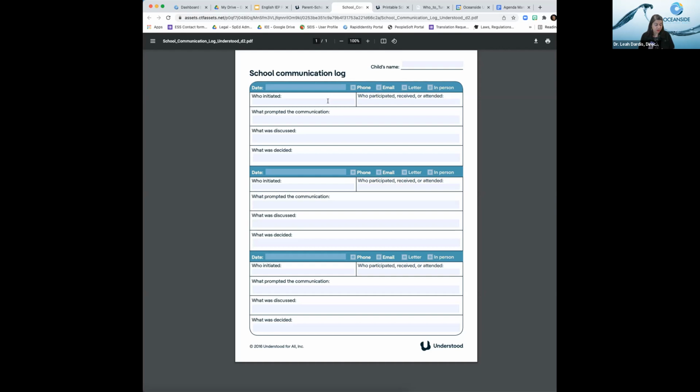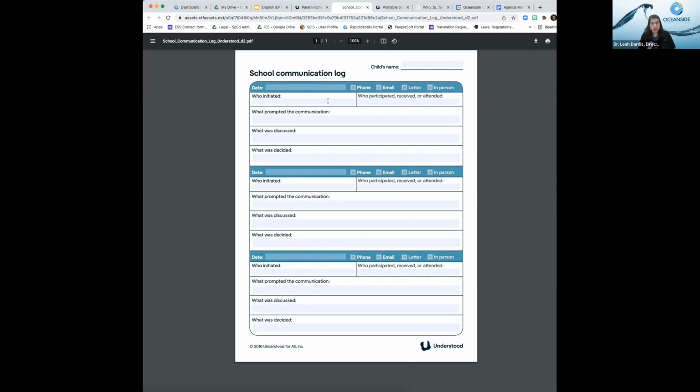So for example, your kid might have 6 teachers at the middle or high school. Then they have a case manager who helps to support them with their IEP goals. They might have a school counselor that supports them. They might have speech and language, occupational therapy, adaptive physical ed. We're talking like 7 to 8 people to keep track of with the communications.